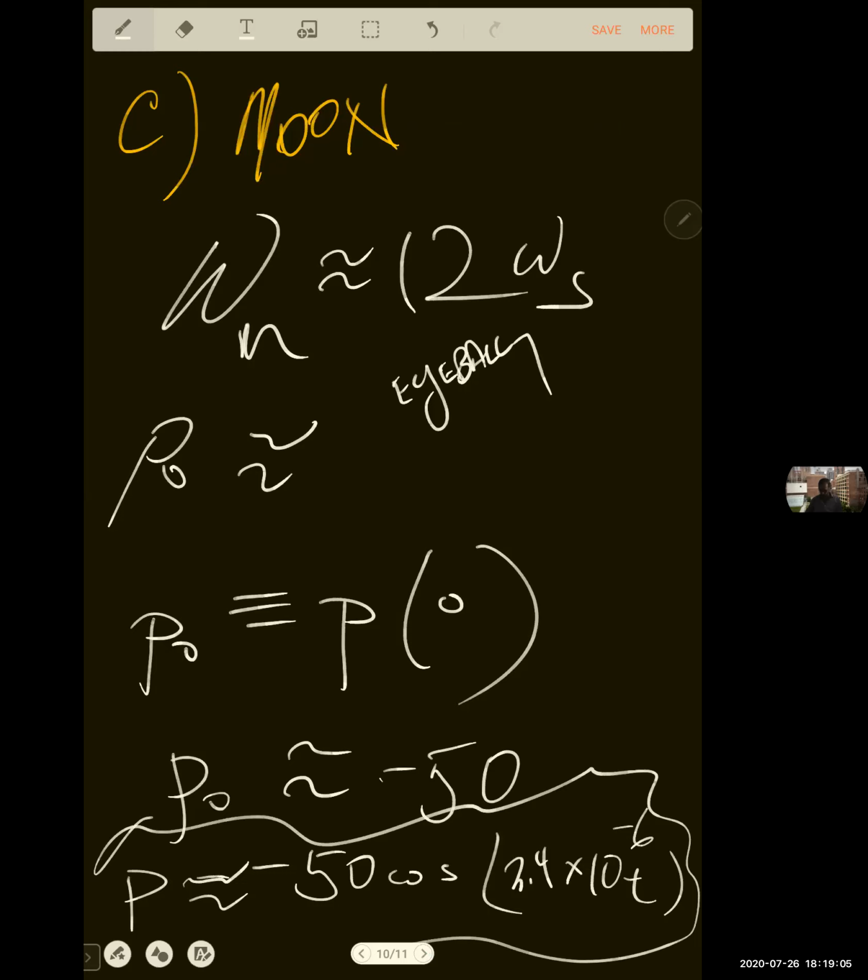So I'd say that the function for the moon, what we just wrote, is like this thing, -50 cosine of 2.4 times 10 to the -6 T. Okay, this is called Q when we're talking about the moon.